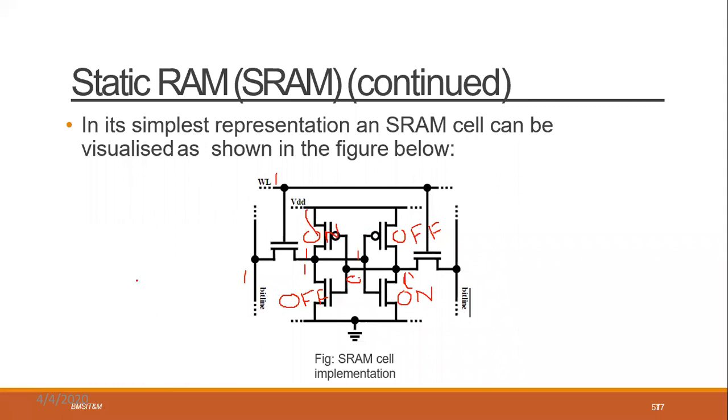Now I want to write 0 to this memory location. So 0 on this bit line, and the word line should be 1 only. When this is 1, this transistor is on, so you will be getting 0 here. Right? Now can you people analyze this one? What happens to this transistor?